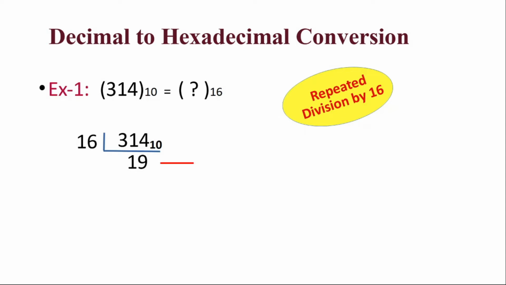After first division operation, we get quotient equal to 19, remainder equal to 10. This 10 in decimal system is equivalent to A in hexadecimal system, which is the least significant digit here.